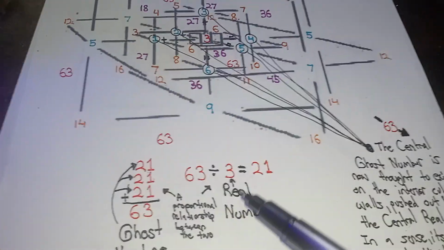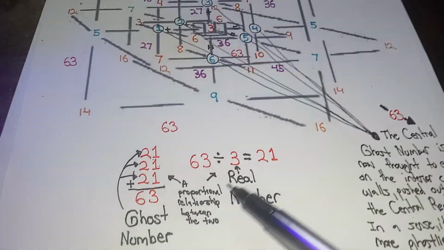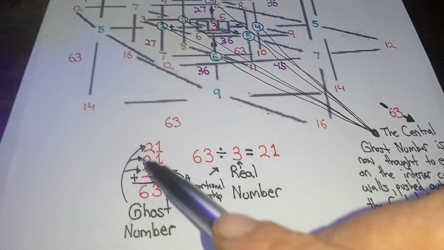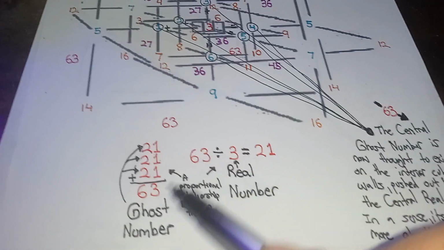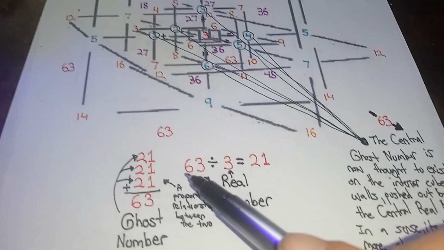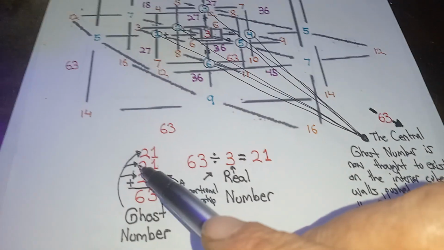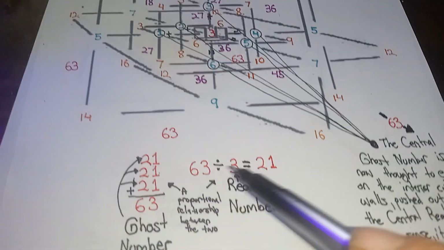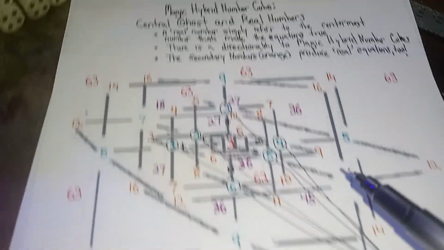There's a proportionality to these. 3 is a real number, 21 is the ghost number, and 63 is the outer ghost number. 21 and 63, some sort of proportional relationship.